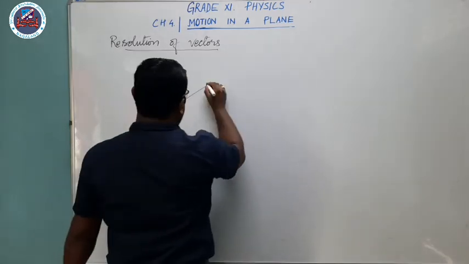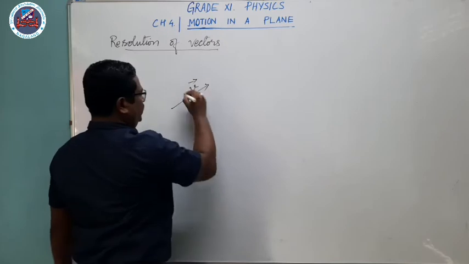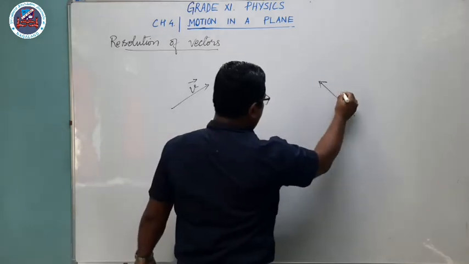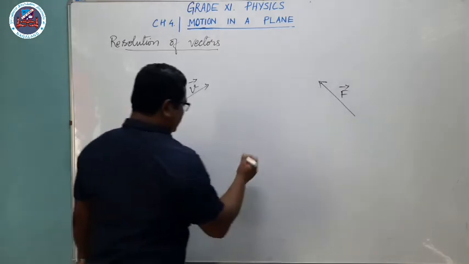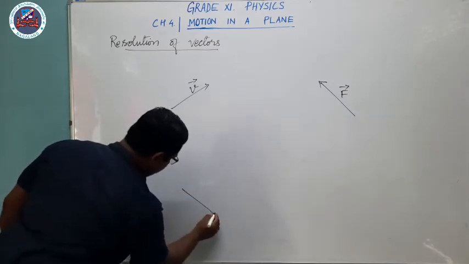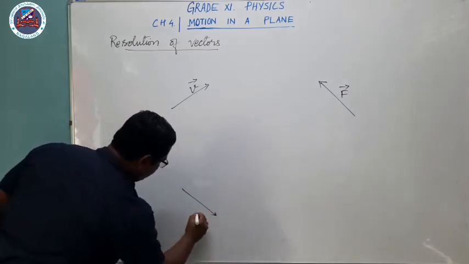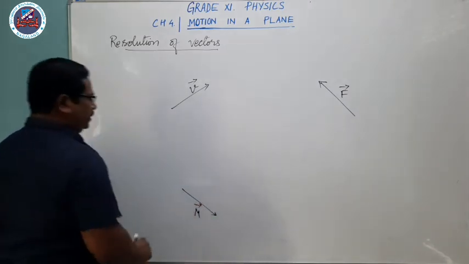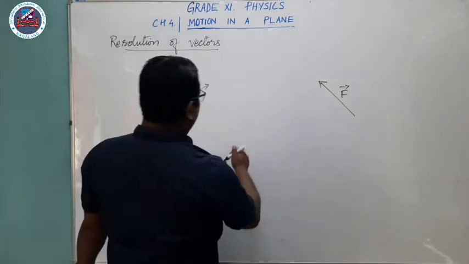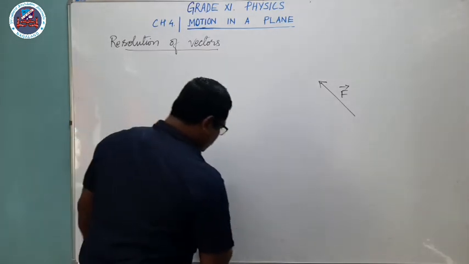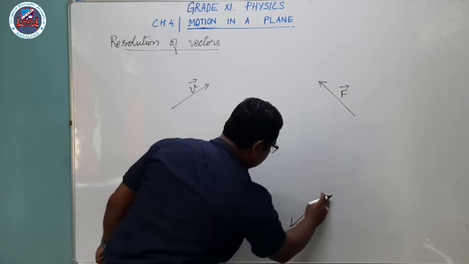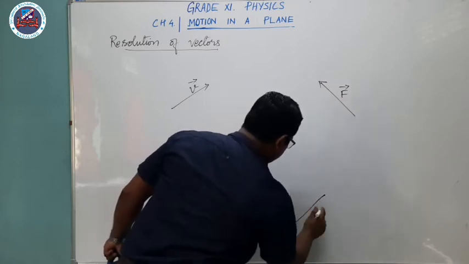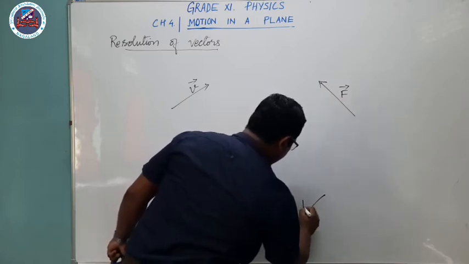So if you get a vector like this, suppose this is velocity vector v, another vector is like this, force, another is like this, m, and one is like this, let the vector be k.